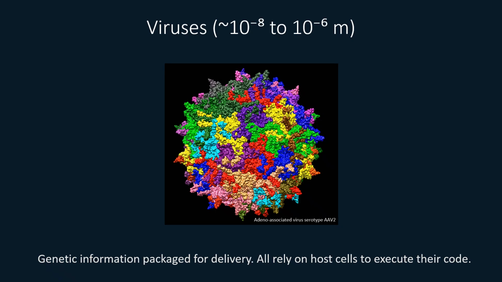So AAV, adeno-associated virus, shown here is about 25 nanometers. It's used for gene therapy because it can package DNA and deliver it to cells. What we need to think here is viruses are essentially packaged genetic information plus a delivery mechanism.